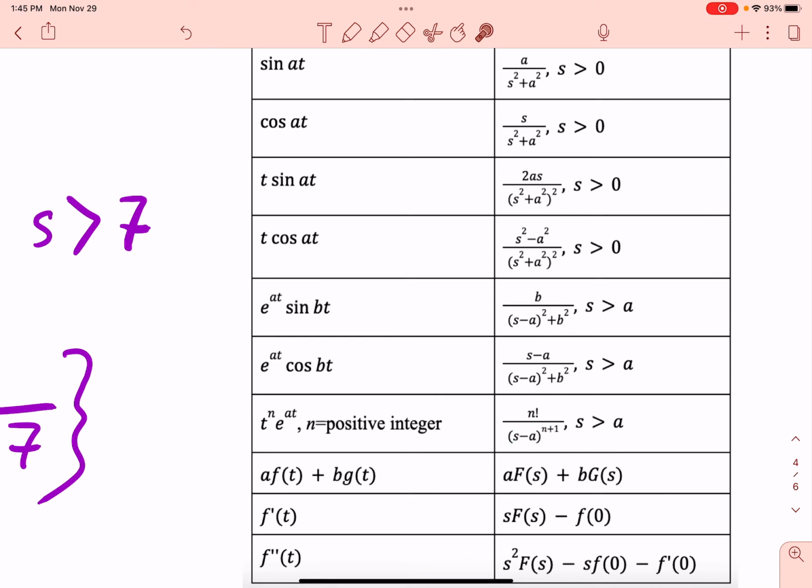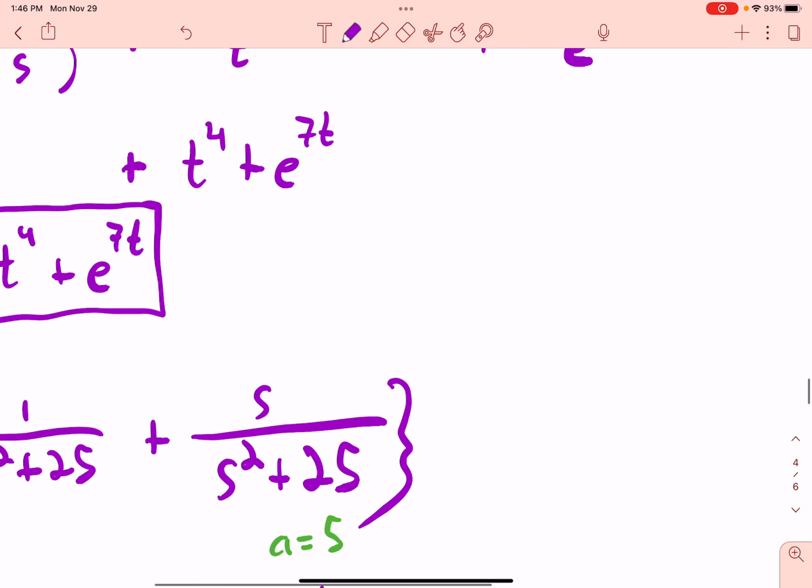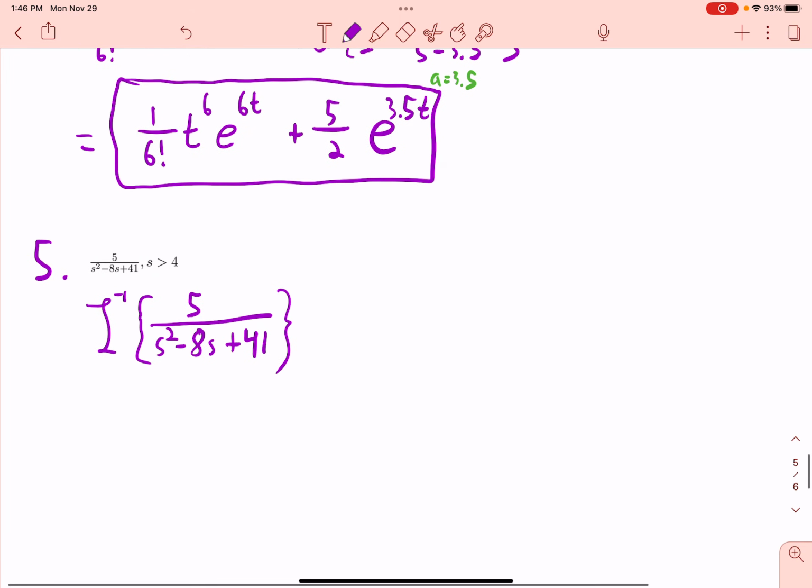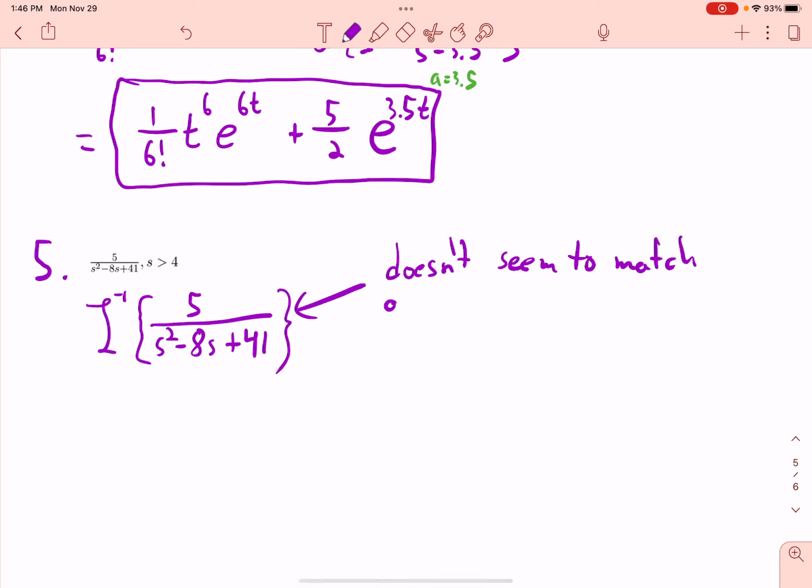Or this one, let me see, where did it go? This one looked hopeful, but once again, this doesn't have that s term in it. And so it's not entirely clear how we would do this. So I'm going to put right here that it doesn't seem to match anything in our table.